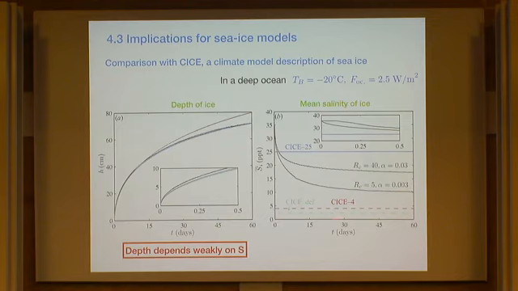If you do these dynamic models, with two choices of parameter values which are consistent with experiments, then you get radically different bulk salinity. And there are actually observations which suggest that 10 parts per thousand might be a better number to aim for than 2 to 4 parts per thousand.